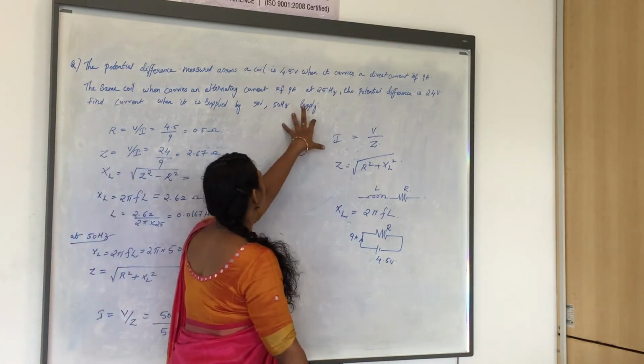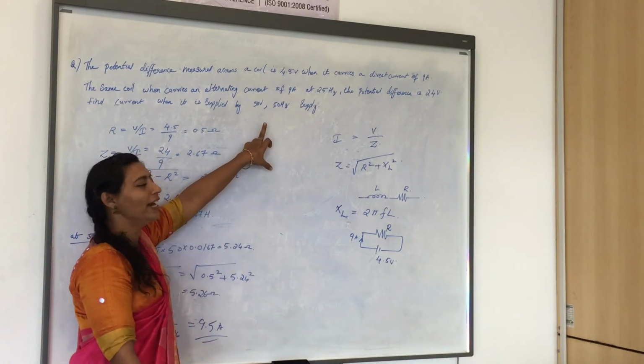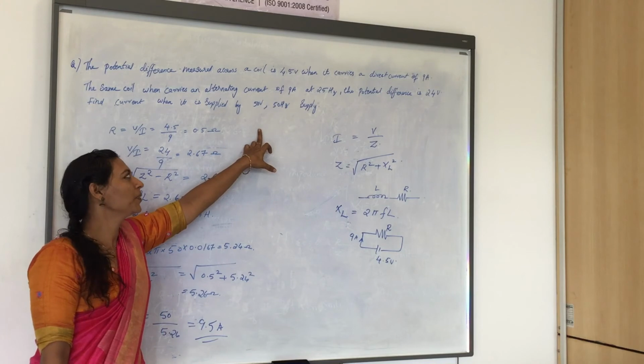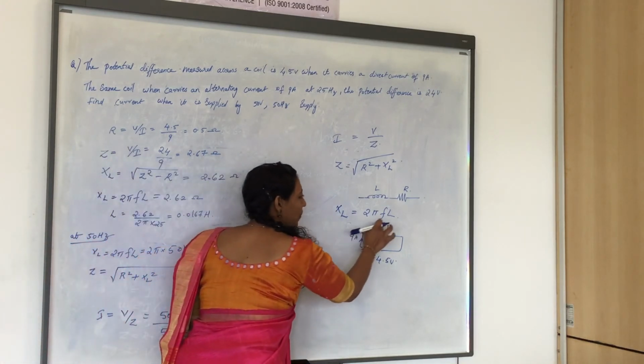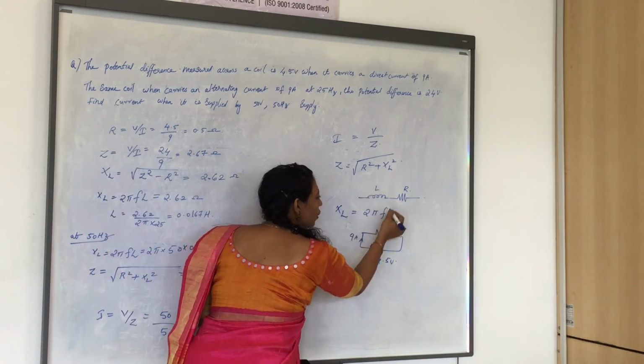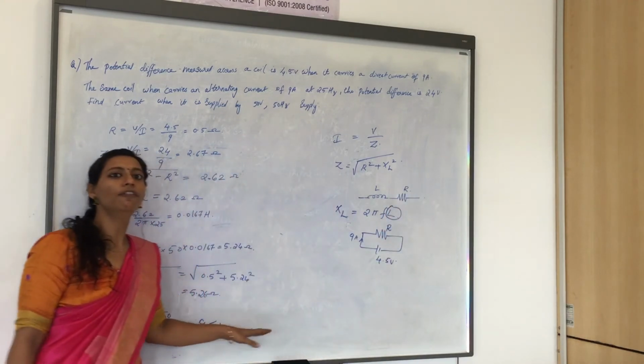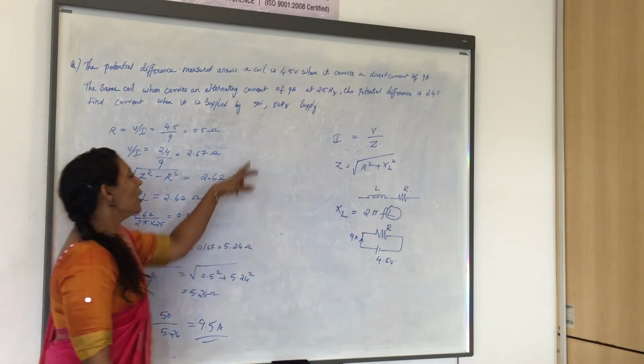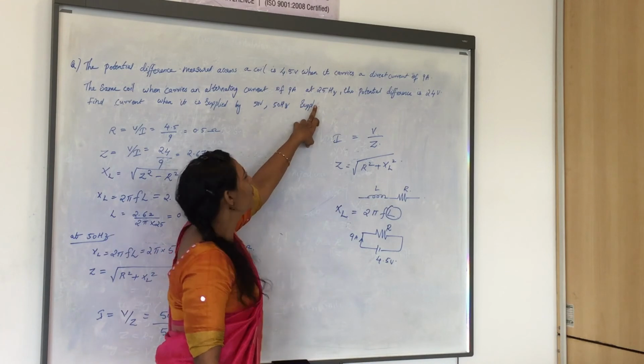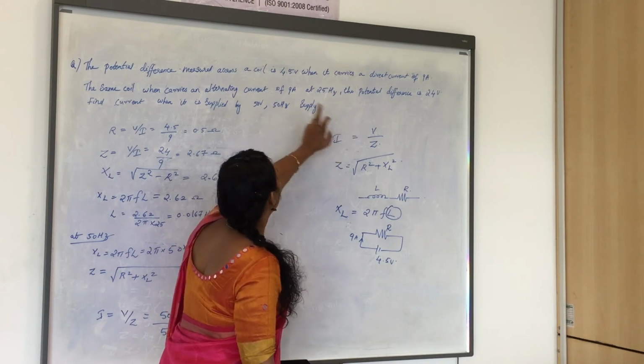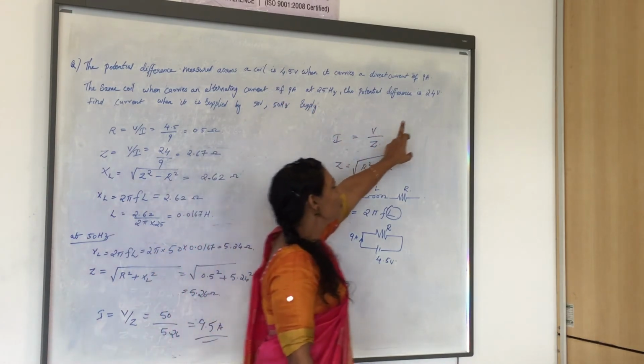Next part is to find the inductive reactance. The inductive reactance depends upon frequency. Therefore, we have to find the value of inductance. Here, for 25 hertz, 9 ampere and 24 volt.